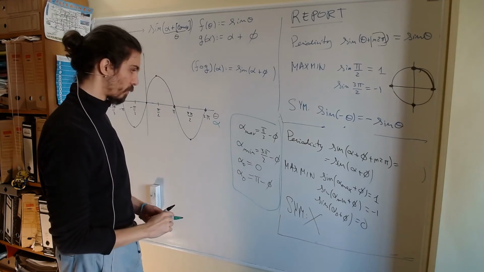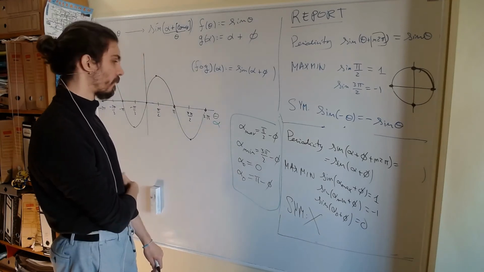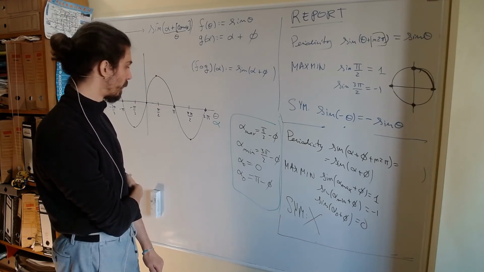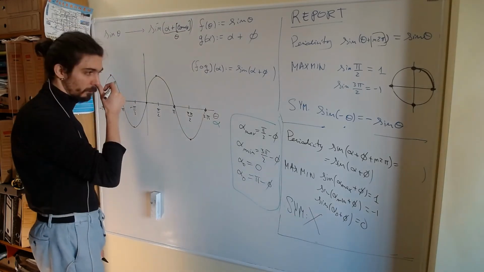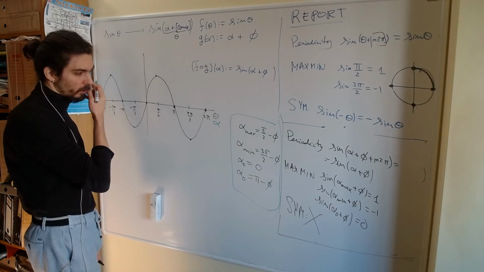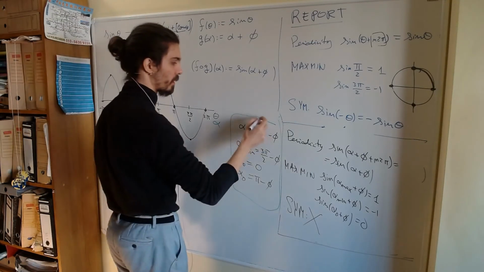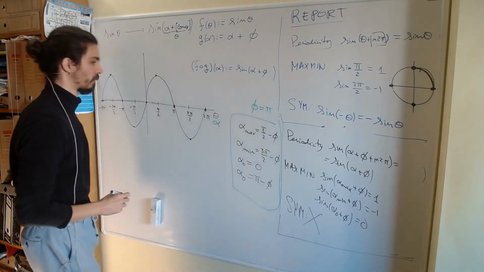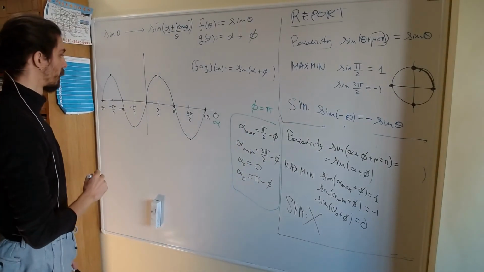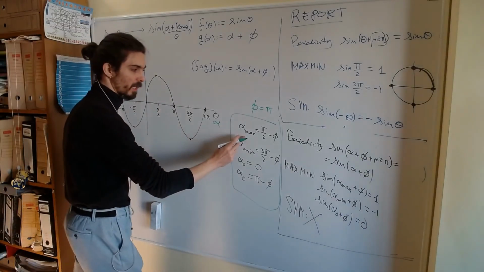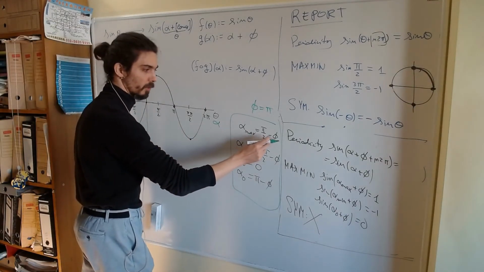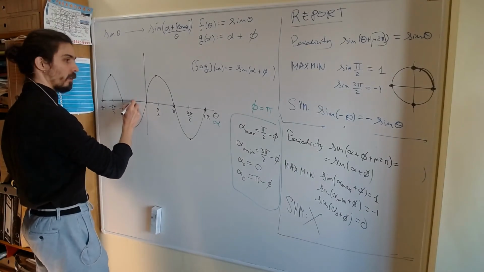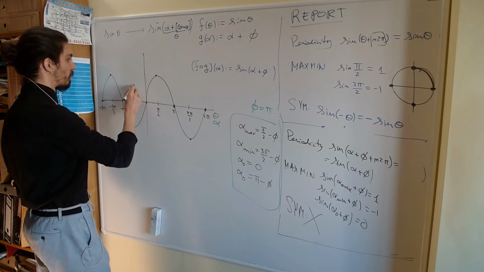Let's choose a good phi. What is a good phi? Let me think. Maybe let's choose pi. Pi is a good value. Let's choose phi equals pi. Let's see what happens. So the alpha max, now it's pi over 2 minus pi, which is minus pi over 2. So above this point, we mark the maximum, this height.